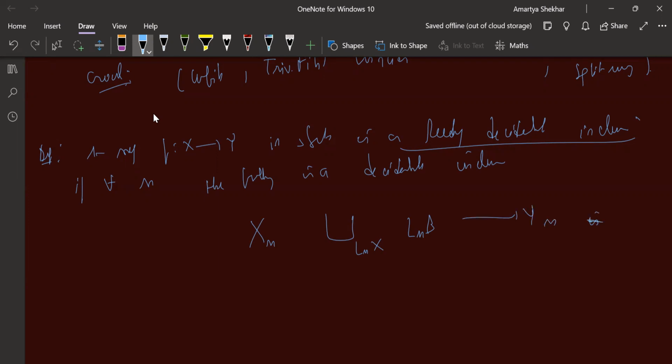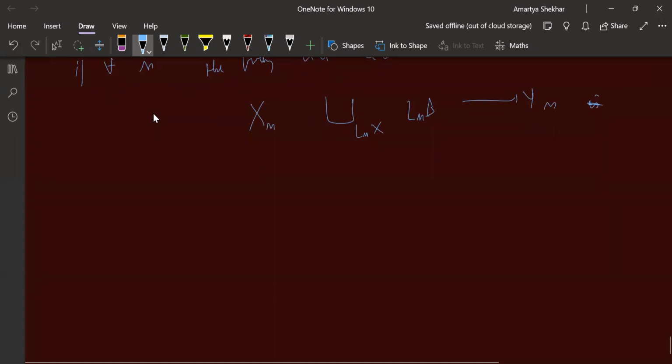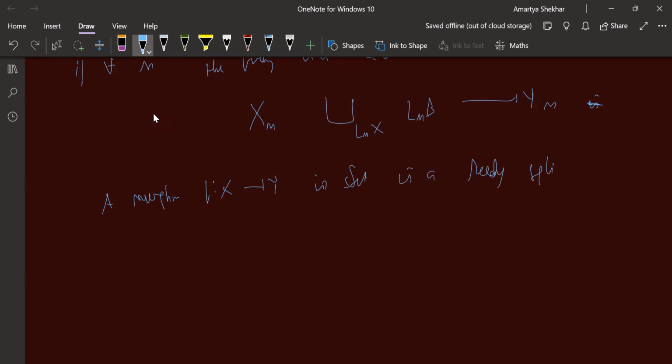Dually, a morphism X to Y is a Reedy split surjection if for all n the following is a split surjection.